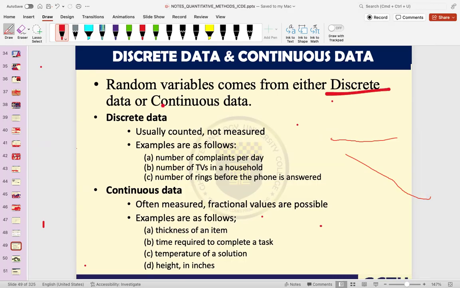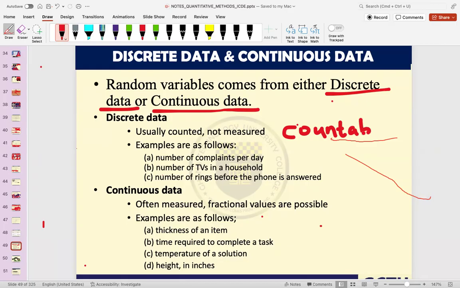The first is called discrete data, and the second is called continuous data. Now, the discrete data are observed and realized anytime you count them, meaning that to see a discrete data, it must be counted. So discrete data is countable.